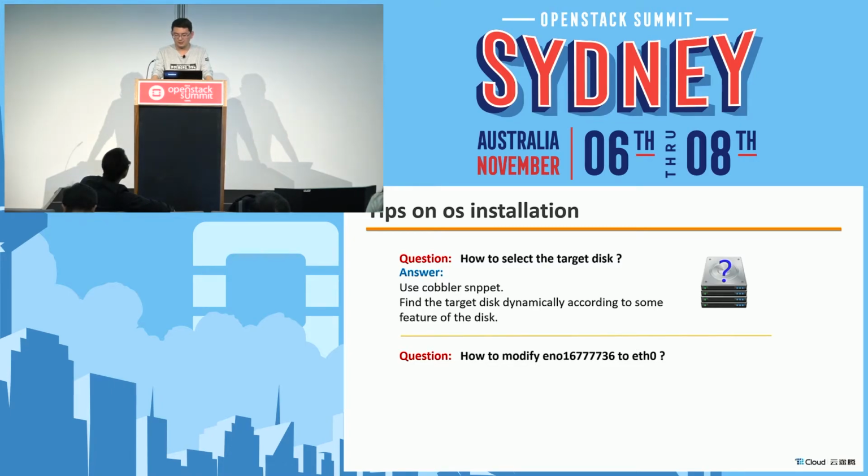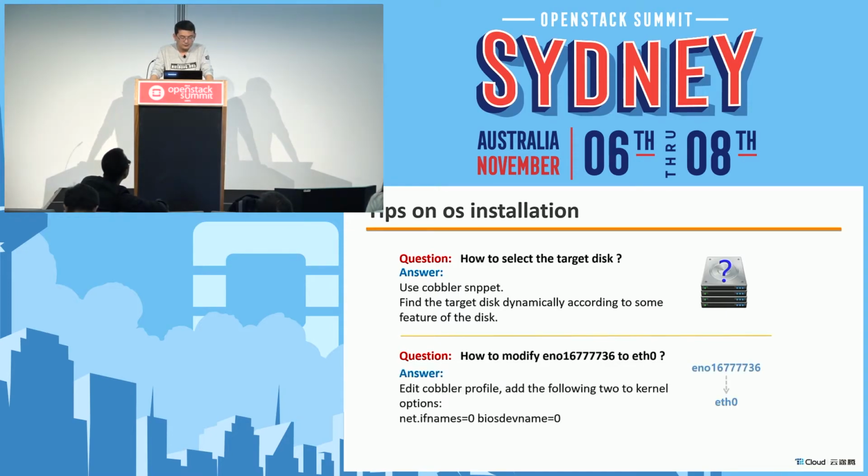You can see the name starts with ENO instead of ETH. So if you want the old naming back, you can just tell cobbler to add kernel options, and then cobbler can do the rest for you.